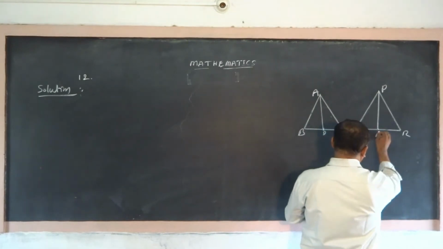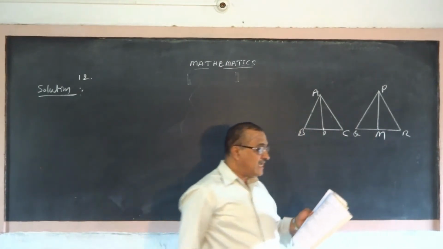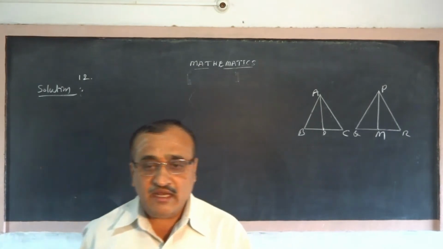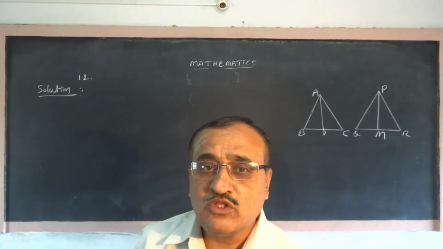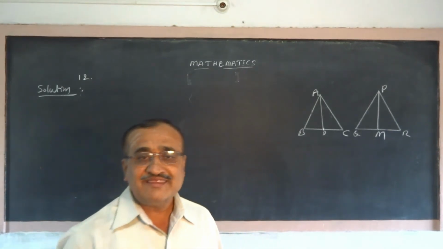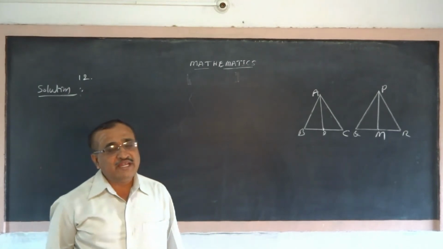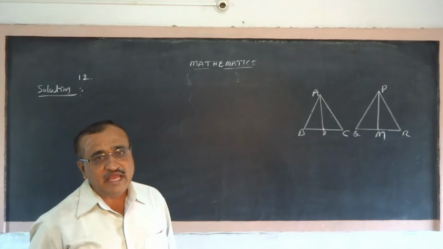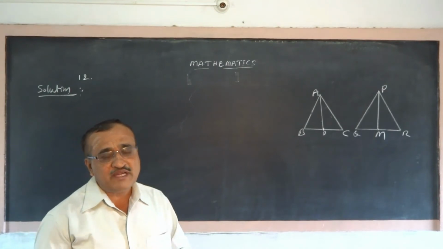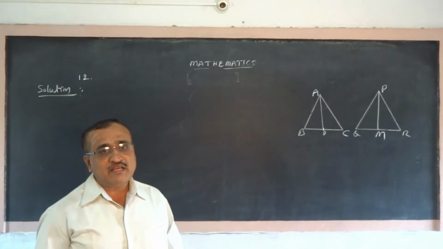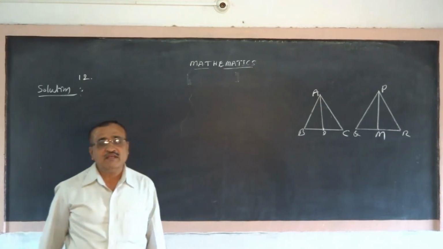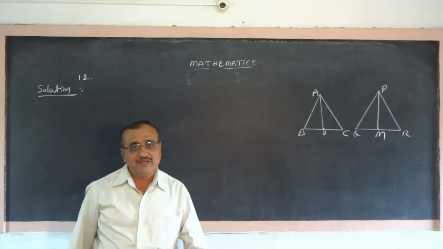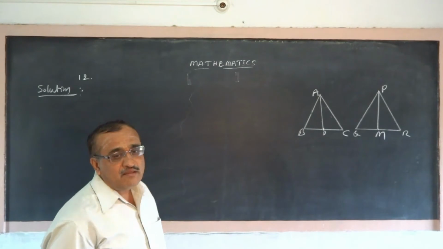We have to show that triangle ABC is similar to triangle PQR. So go through the problem 2 or 3 times to understand the problem, so you know what they have given and what you require to prove.